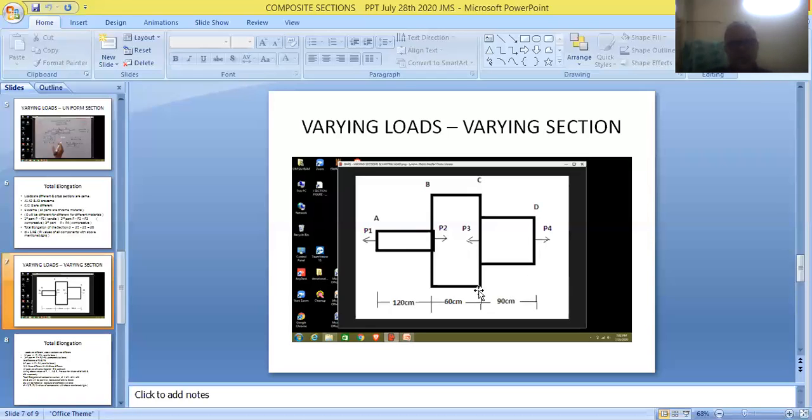Similarly, my dear friends, according to the directions given in the figure, the first component is subjected to tension, so DL1 must be taken as a positive value. The third component is also subjected to tension, so DL3 must also be taken as a positive value. And the second component, as shown in the figure, is subjected to compression, so DL2 must be taken as a negative value.